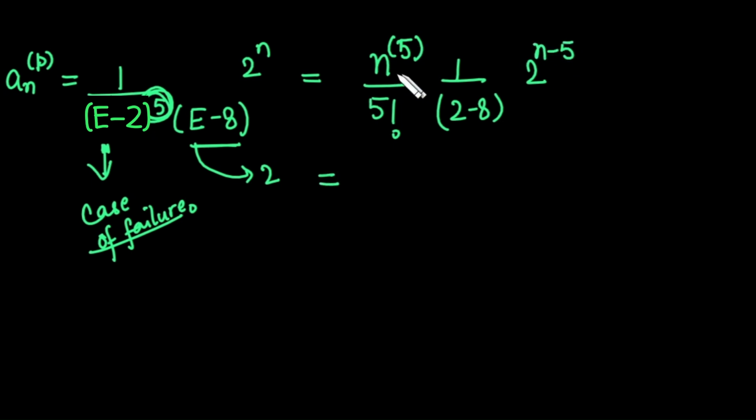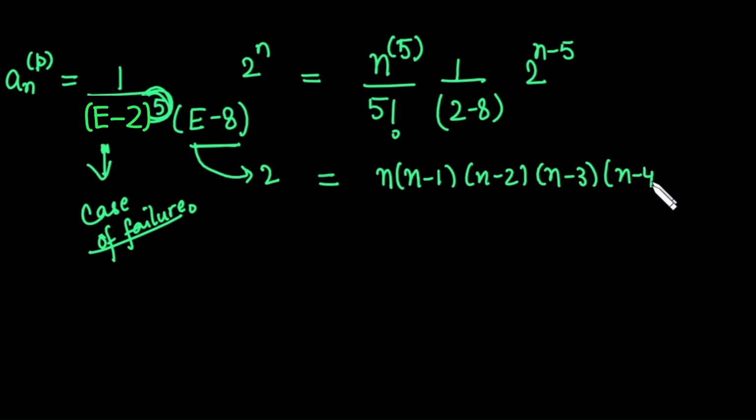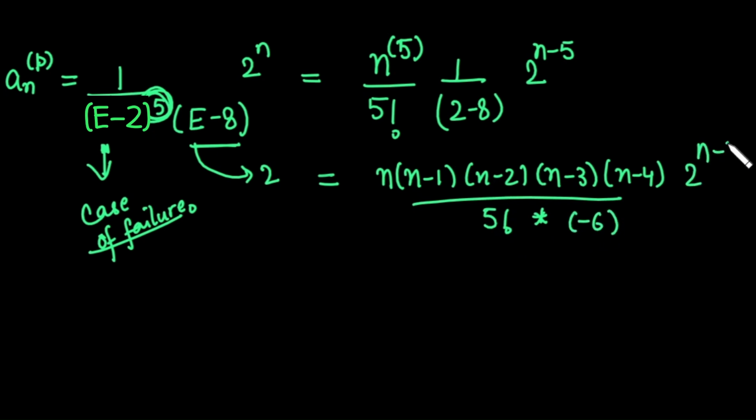Break this one again into the normal polynomial by writing this into the factorial form, where we consider only 5 terms starting from n, then n minus 1, n minus 2, n minus 3, n minus 4. Here we have the 5 terms divided by 5 factorial into minus 6, 2 raised to power n minus 5.